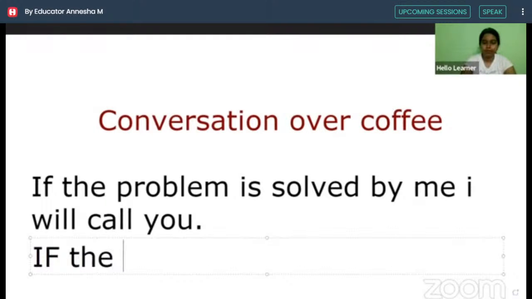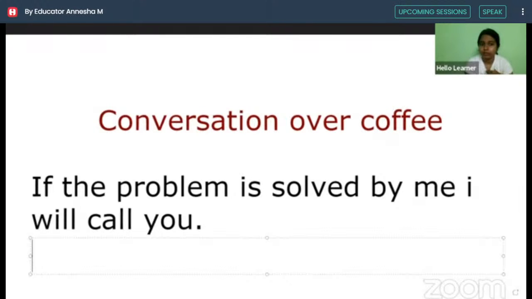If the problem solved is wrong because it is a causative verb. Let ma'am speak, please. Karthik is also correct. What he is saying is correct. If the problem solved is not correct, like we cannot say if the problem got solved. Ma'am, I'm not saying solved, I'm saying solves.